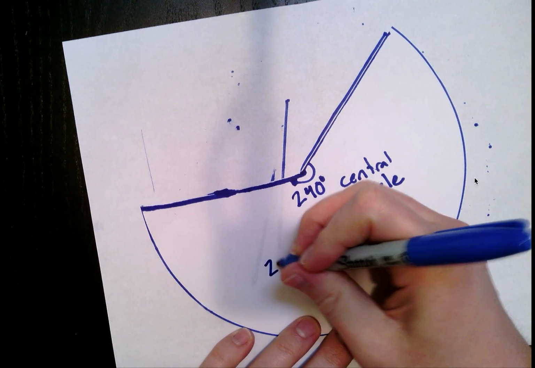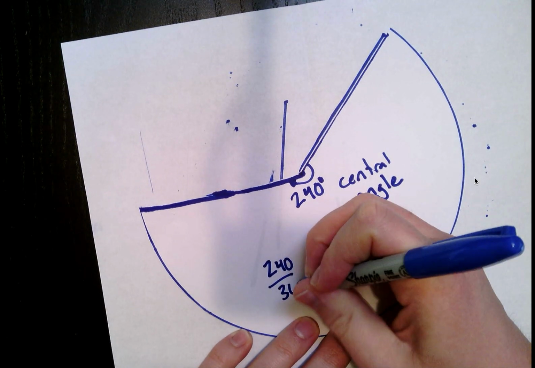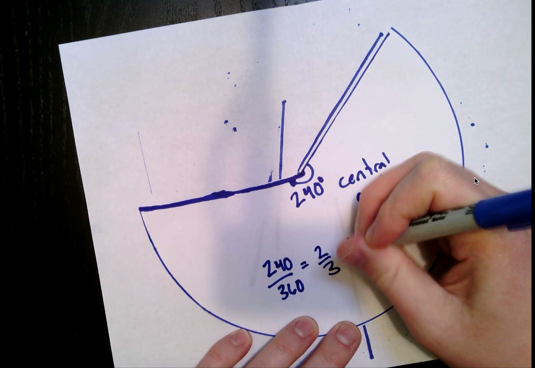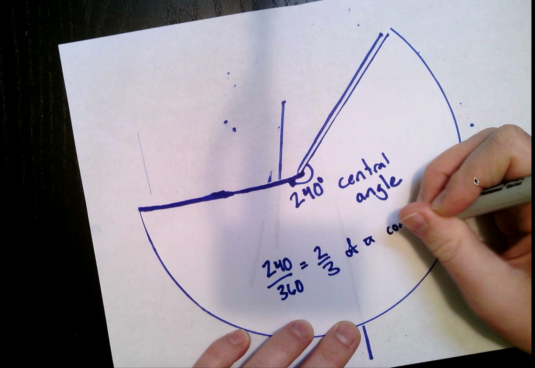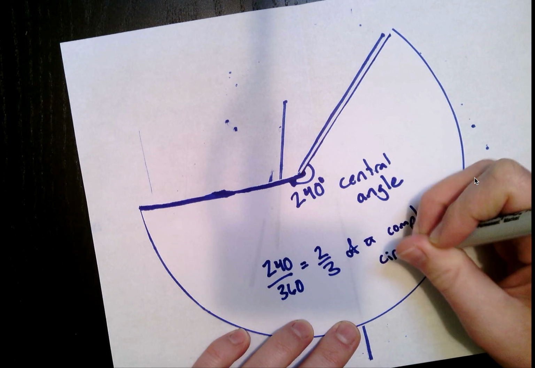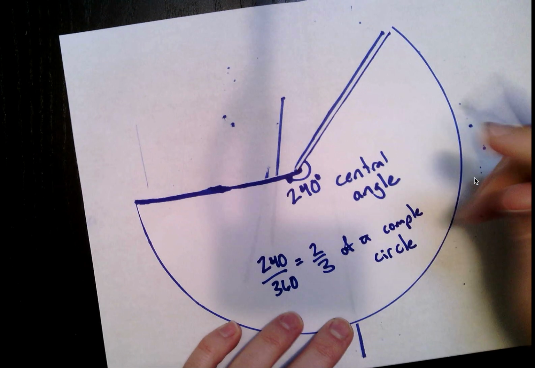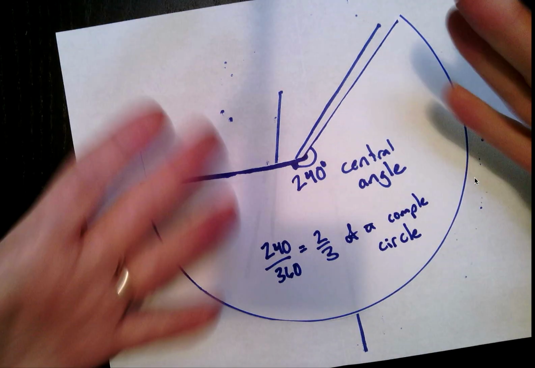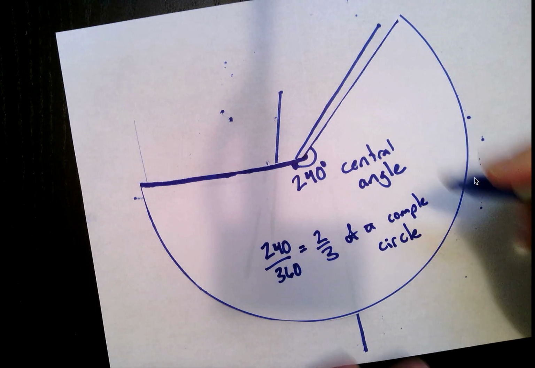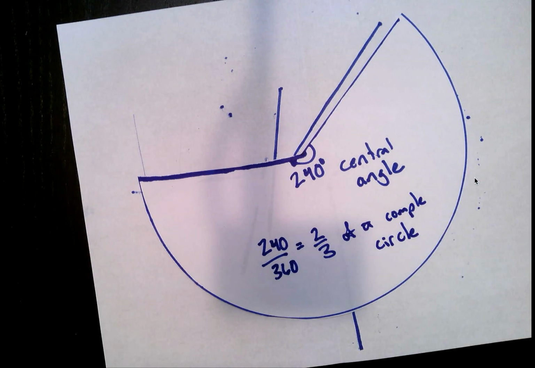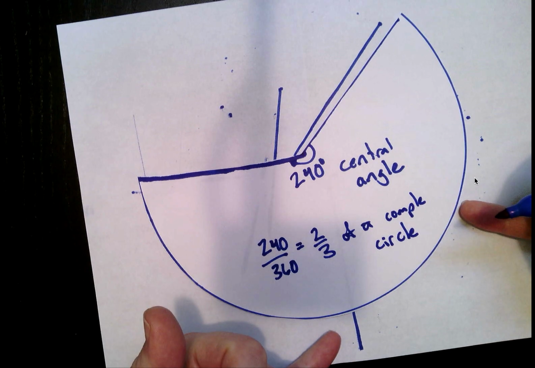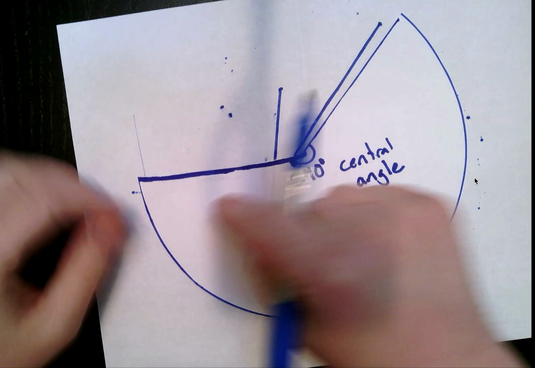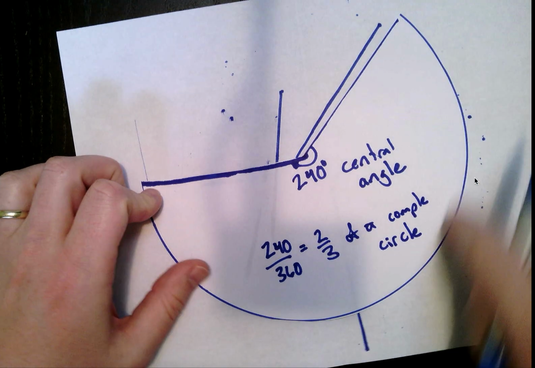So that means we have 240 degrees of 360 degrees, which if we reduce that down, we get 2/3 of a complete circle. So this is 2/3. That means if we wanted to figure out anything, let's say our circumference, if I just bring out a random number, if the circumference is 30 inches of this circle, then we do 2/3 of 30 to find the circumference, aka the arc length of this portion of the circle.